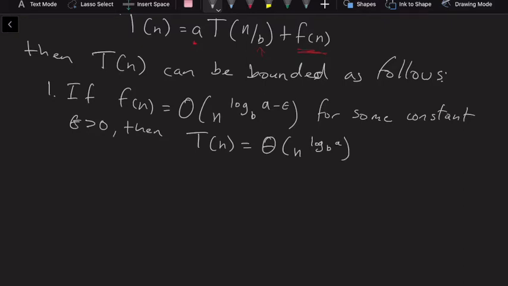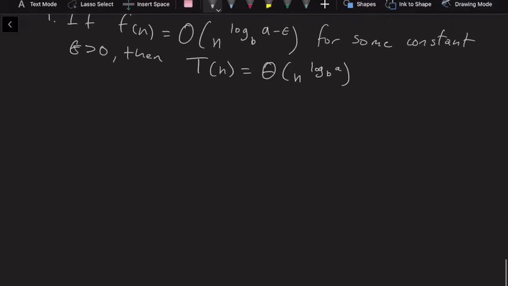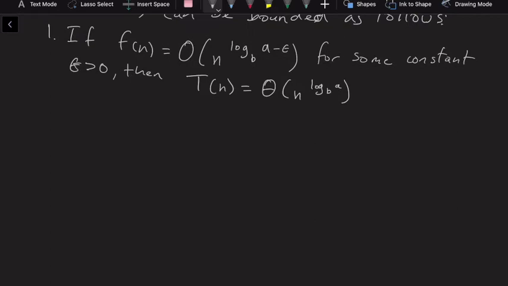Now we're going to deal with a little epsilon later. We'll get to an example. For right now, just know that if f of n is big O of this amount, then T of n is going to be theta of n to the log base b of a.